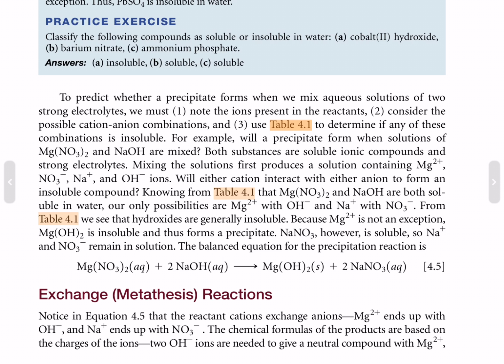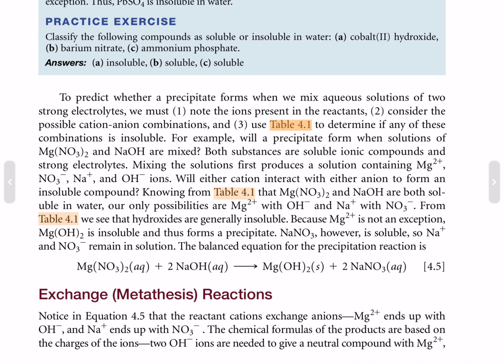Knowing from Table 4.1 that magnesium nitrate and sodium hydroxide are both soluble in water, our only possibilities are magnesium with hydroxide and sodium with nitrate. From Table 4.1, we see hydroxides are generally insoluble. Because magnesium is not an exception, magnesium hydroxide is insoluble and thus forms a precipitate.